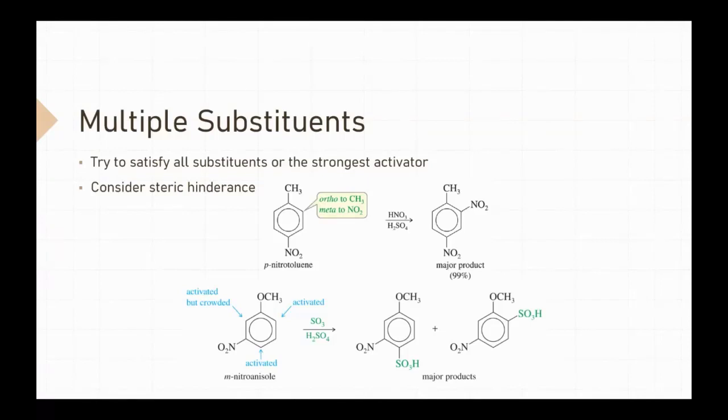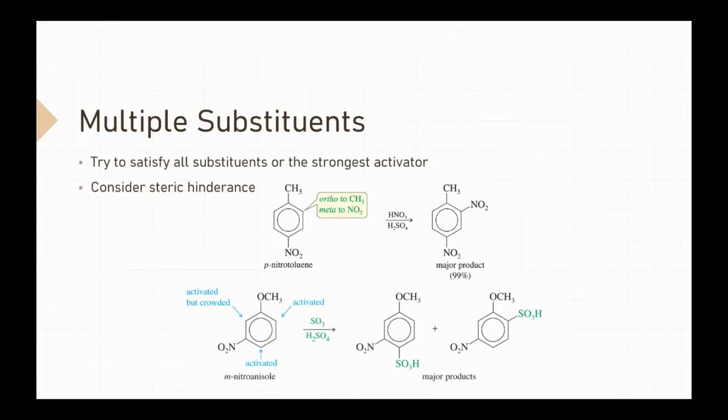So it doesn't care about NO2 because that's a deactivator. It cares about the strongest activator, which is this one. So strongest activator at ortho-para, but ortho is the only one available, so it'll add over here. But it is also meta to NO2, so it actually satisfies both substituents. That's good. Everyone's happy.